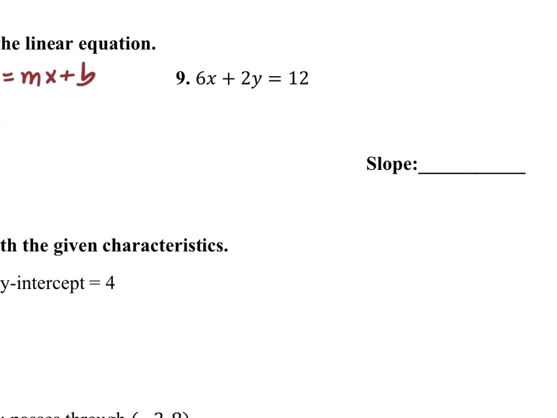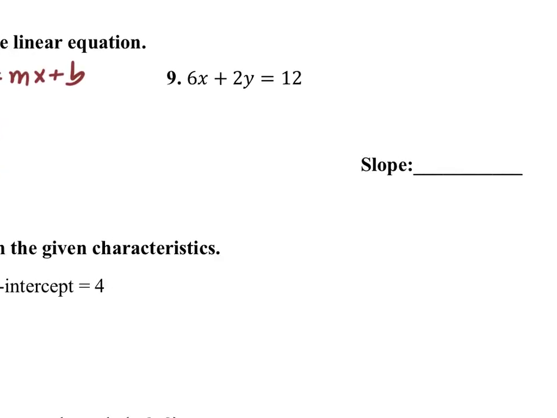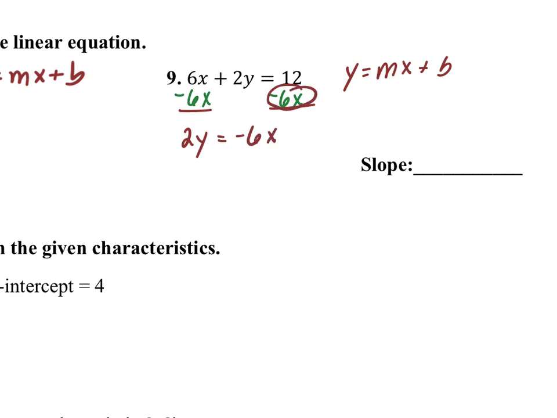Number 9, we do the same thing, however, it is not in the correct form. We talked about these yesterday or on Monday. We said these were all pretty much 2-step problems. Move the x term over to the other side, either with addition or subtraction, whatever's called for. Make sure you put that negative 6x, the x term, right next to the equal sign.